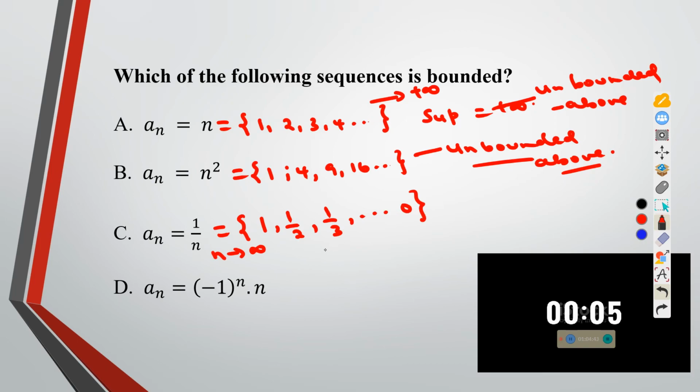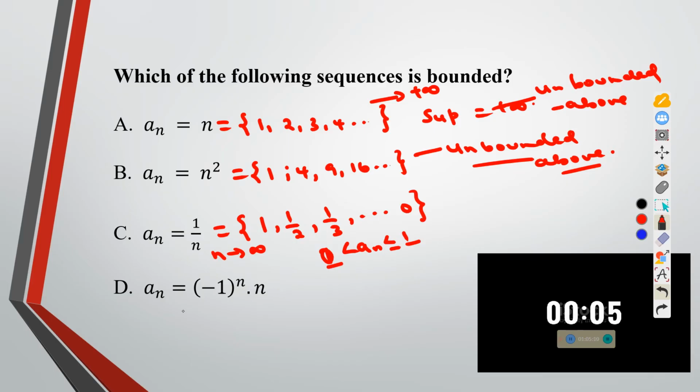So you realize this sequence is between 1 and 0, so 0 less than a_n less than or equal to 1. So it is between 0 and 1. So it cannot go beyond this.